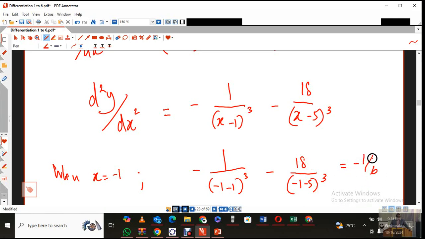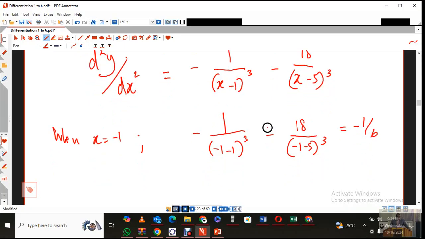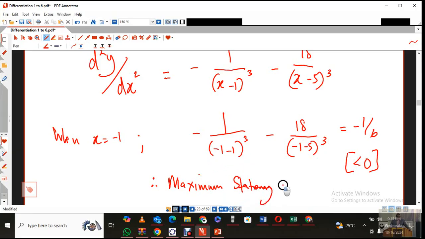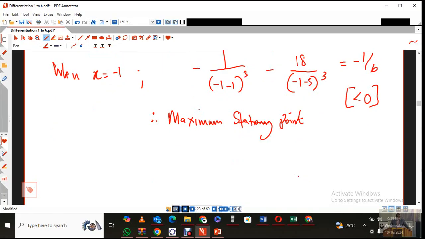So if this answer is less than 0, it means this is a maximum point. Clear?